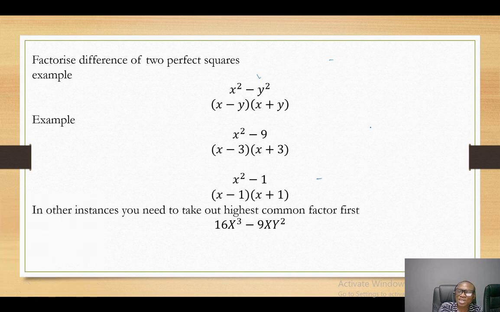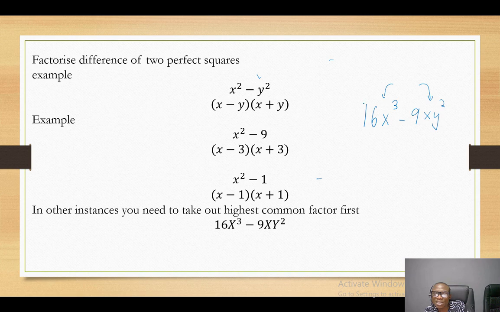So I'm having 16x cubed minus 9xy squared. So I've got these two terms. What I spot with these two terms is that they have a common factor x. On your first term, 16x cubed, and on your second term, 9xy squared, these two terms have a common factor.